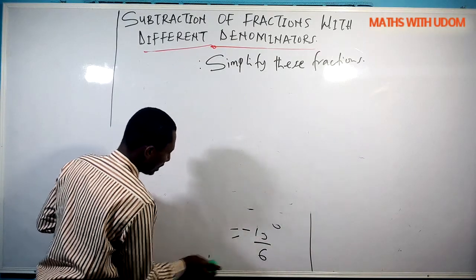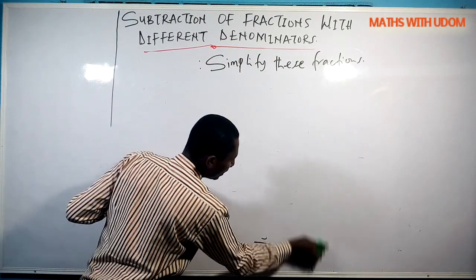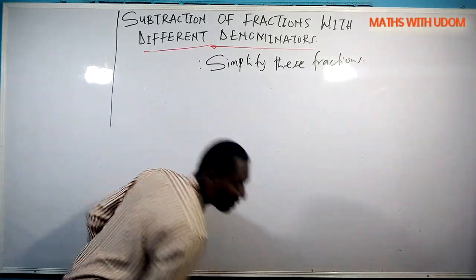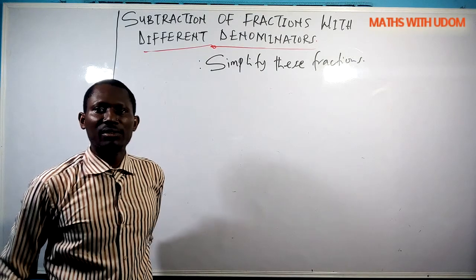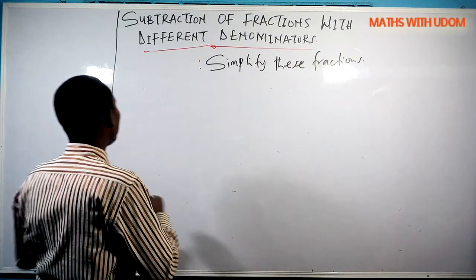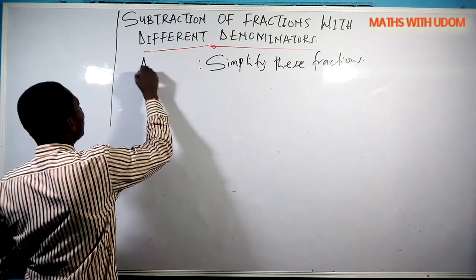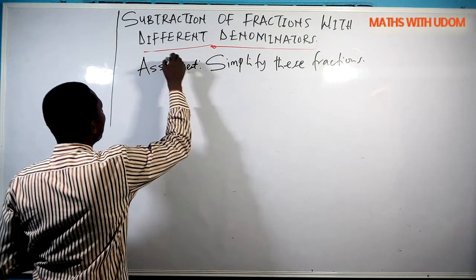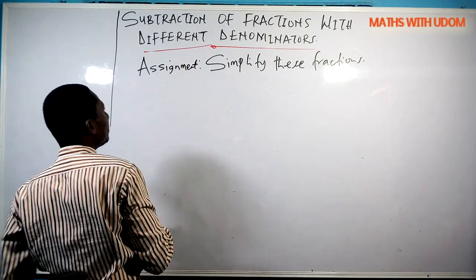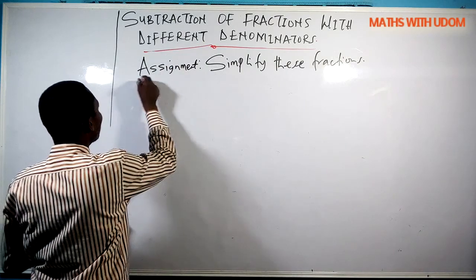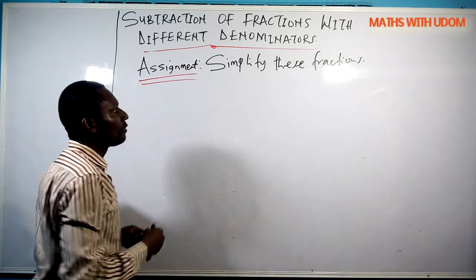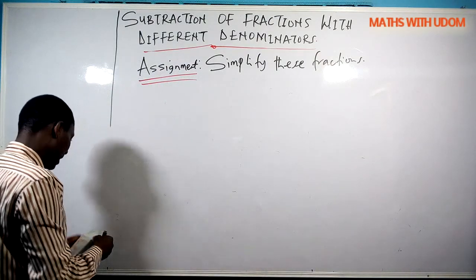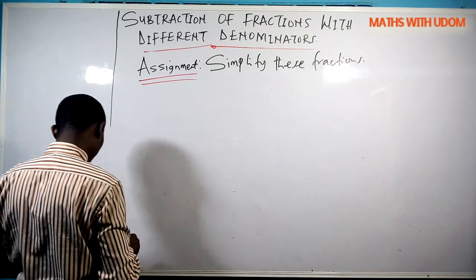And from the LCM, we use the value of the LCM to simplify further to get our final answer. Is that okay? So the assignment is that we have to simplify the following fractions. Let's have the assignment right away.